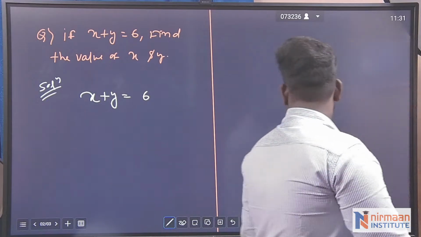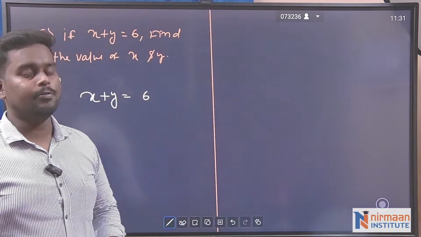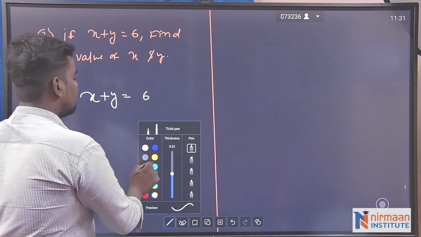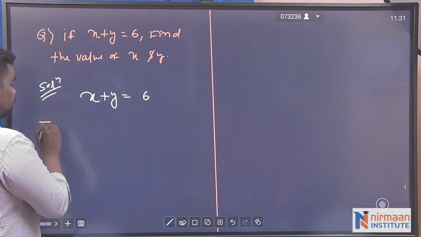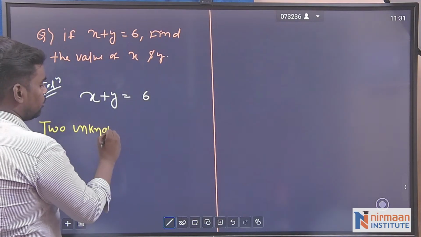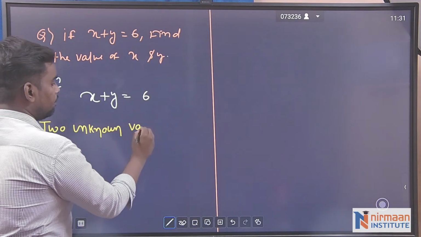Can you solve this equation, students? No, you can't, right? Because how many variables are there? There are two unknown variables, right?